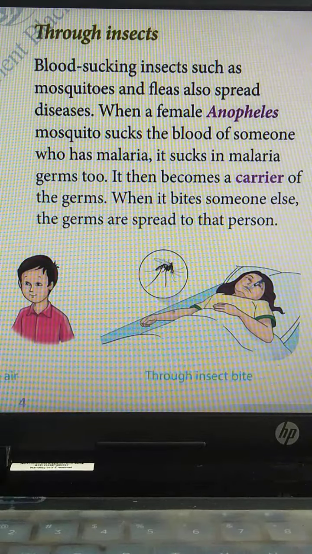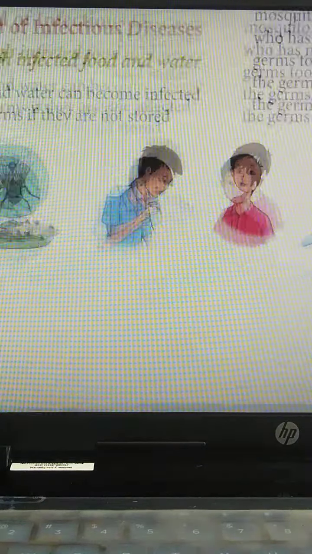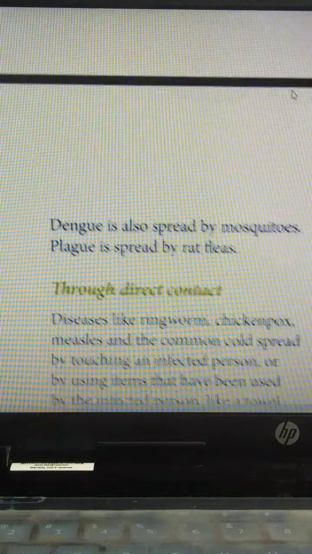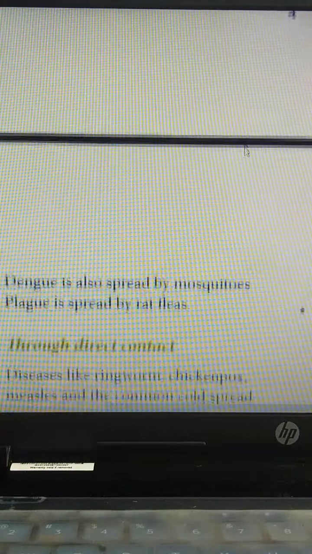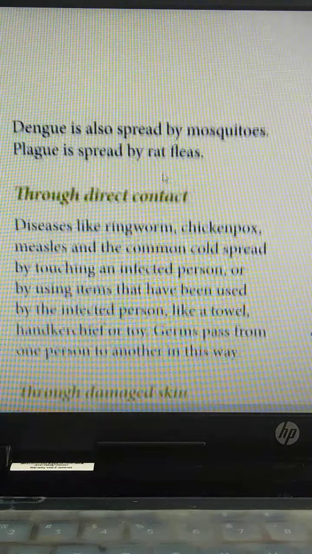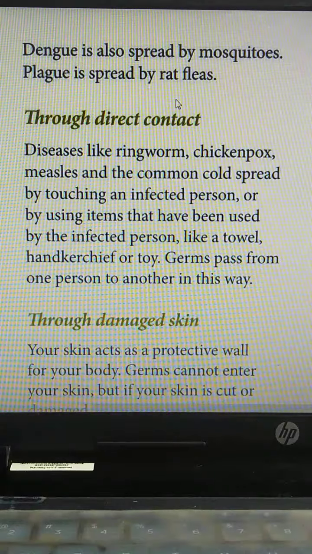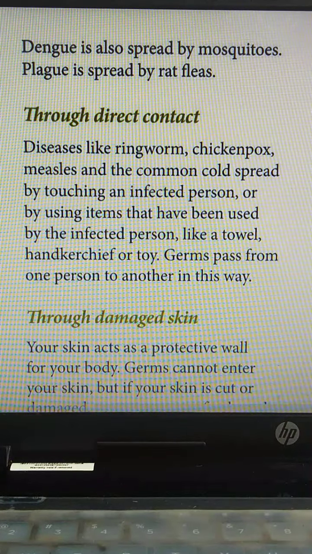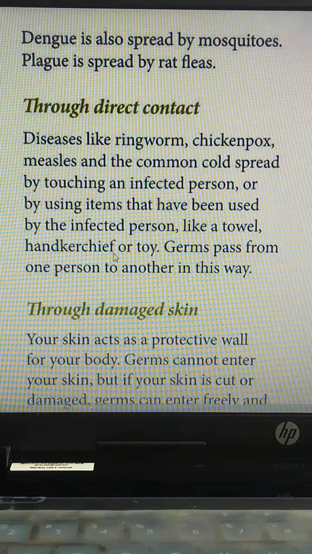This is how you used to suffer. Then dengue also, if this mosquito bites you, dengue is a very dangerous disease. Dengue is also spread by mosquitoes. Plague is spread by rat fleas, right? So these things used to happen.